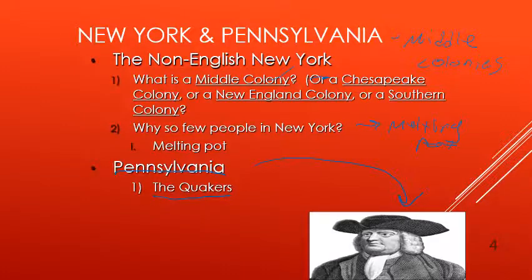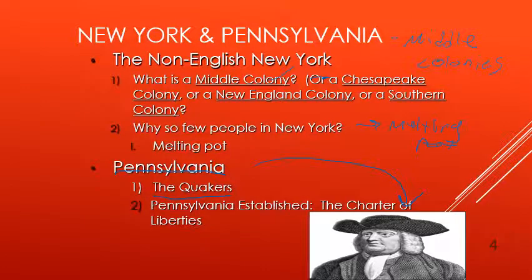Another way that Pennsylvania stood out was their political system. Again, here's another example of a political charter that was established in the colonies that helps in the long run in the creation of our system in the United States. And this was called the Charter of Liberties. The Charter of Liberties created in Pennsylvania a representative assembly where you have one house, kind of like the United States, a representative assembly.